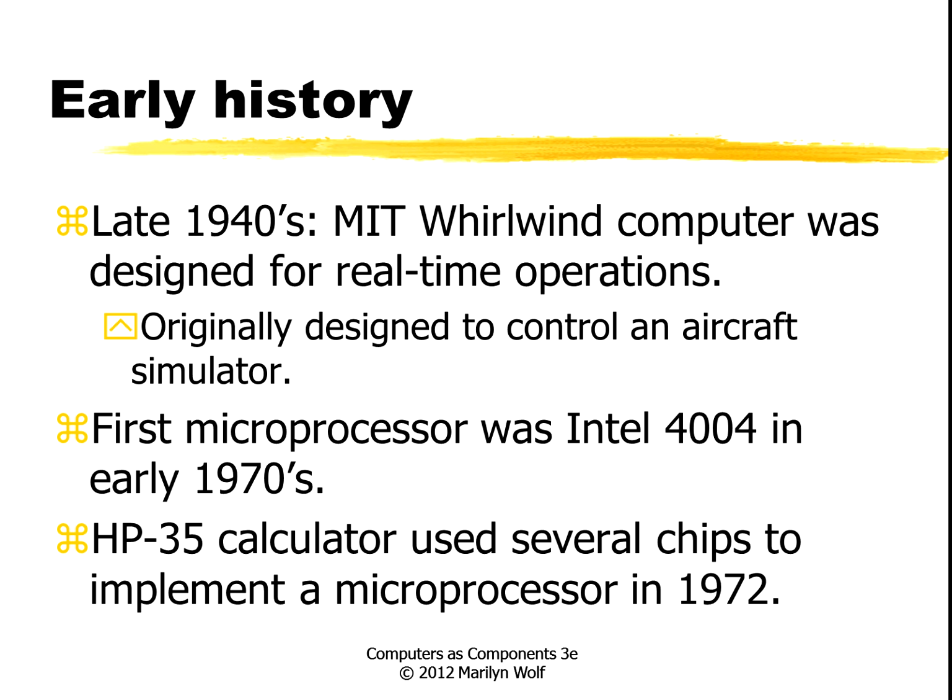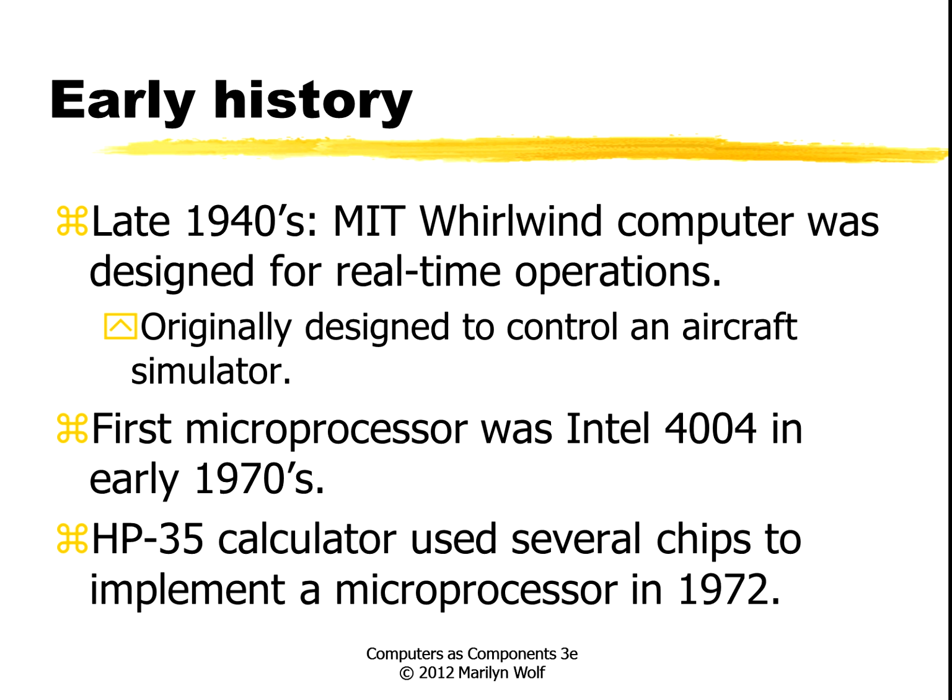When we became able to put a computer, even a simple computer, on a single chip, that's when opportunities for embedded computing really exploded. The first single chip microprocessor was the Intel 4004 in the early 1970s. That was used originally to build calculators, and it went on to be used in all sorts of other devices.